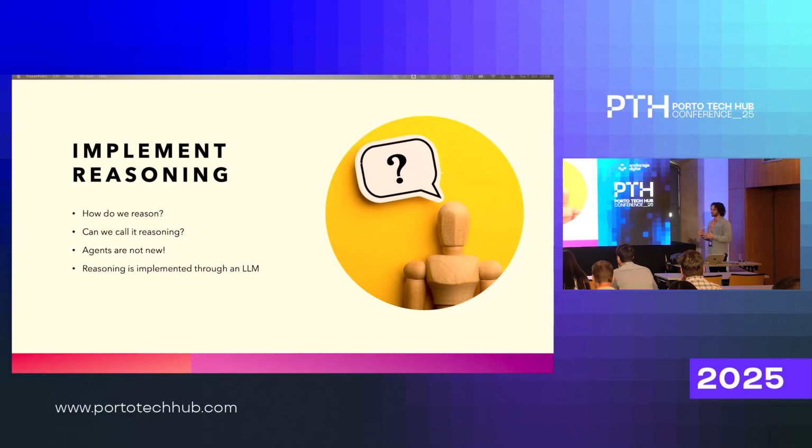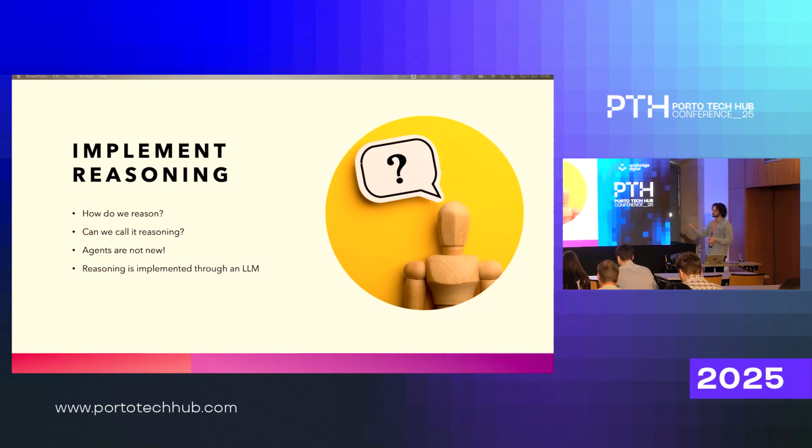What changed lately, apart from the hype, which we can talk about later maybe, is that thanks to the LLM, the agents now have a thinking core. They can reason about the environment and they can take actions. And this is what is actually changing the game now.